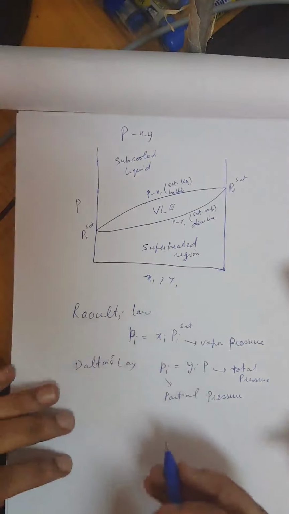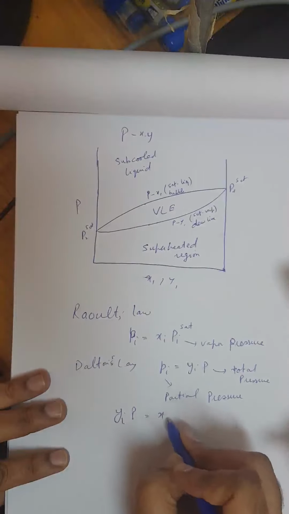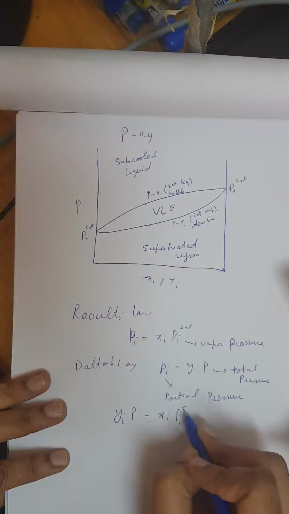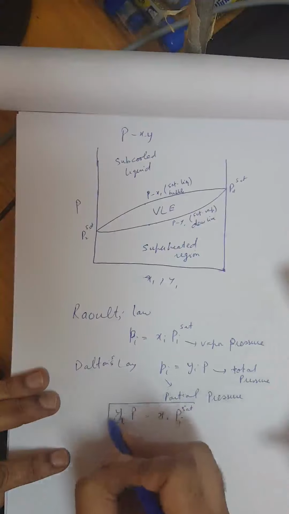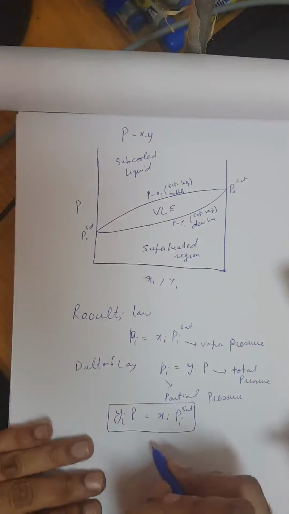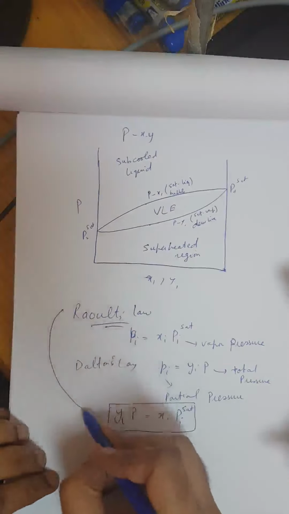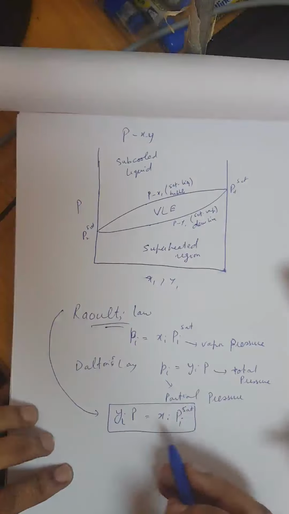If we equate both, we can come up with the equation yi P equal to xi pi sat. So this is called Raoult's law, the main equation of Raoult's law.